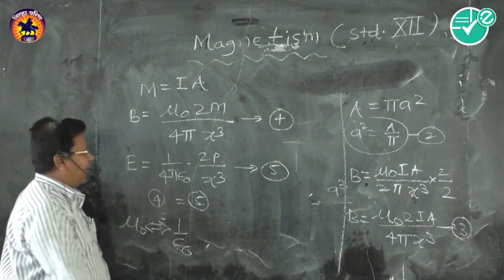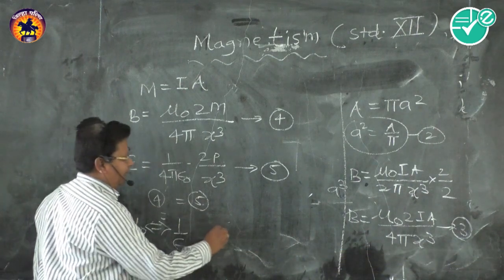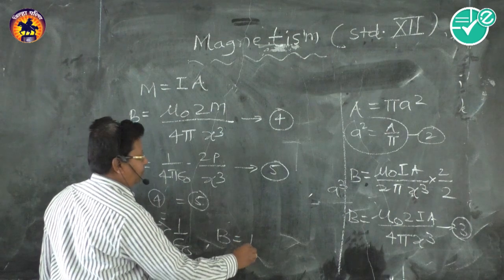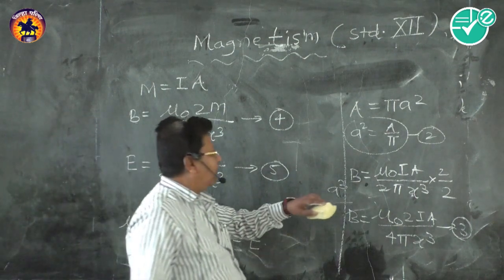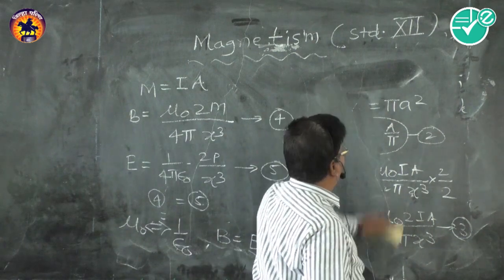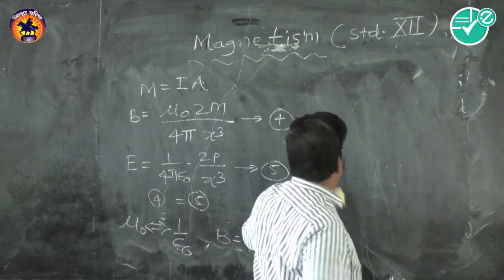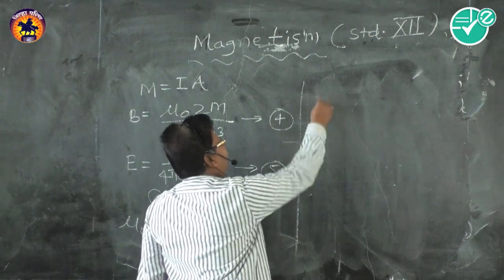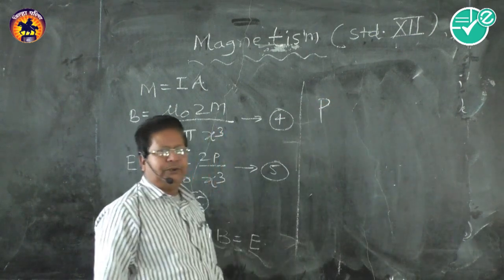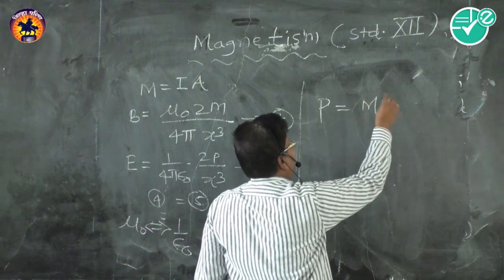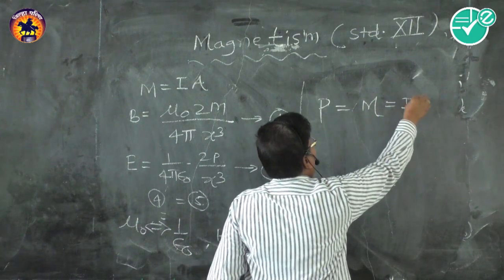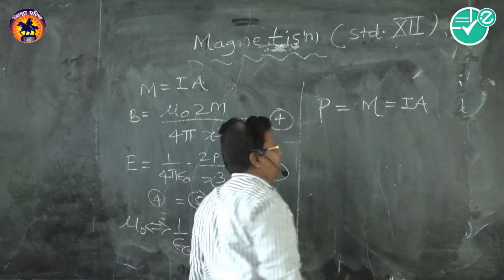Another analogy is that the magnetic field is analogous to the electric field. Also, the electric dipole moment p is analogous to M, the magnetic dipole moment, which is equal to IA.